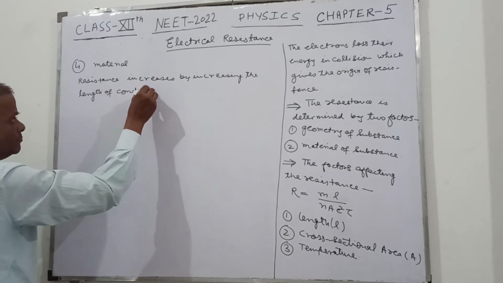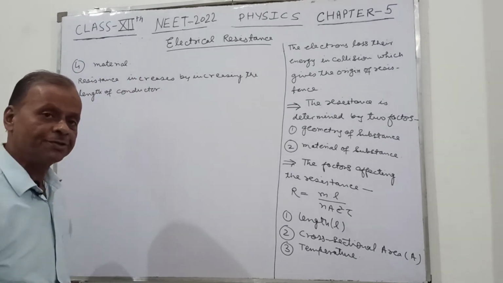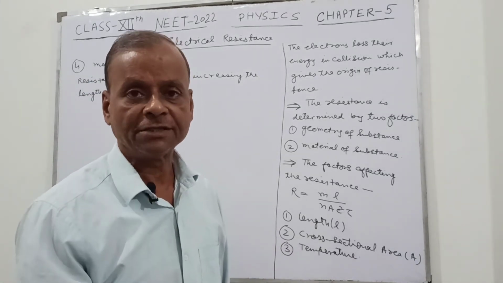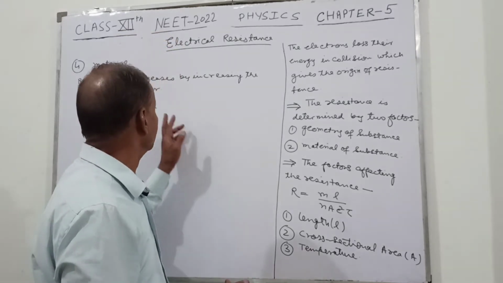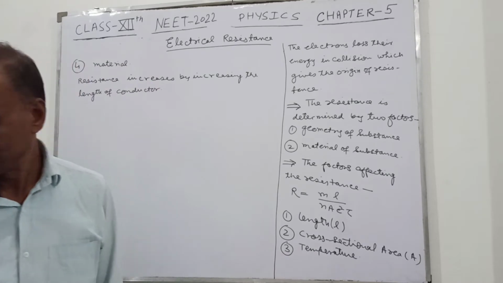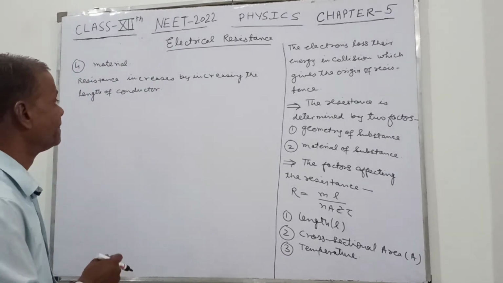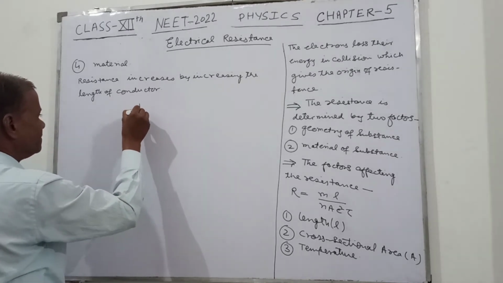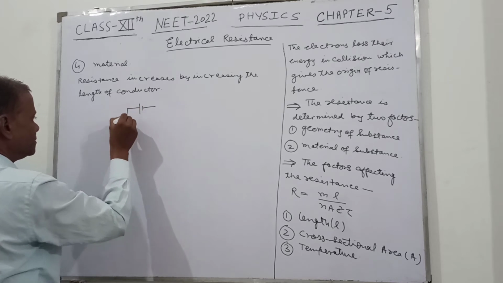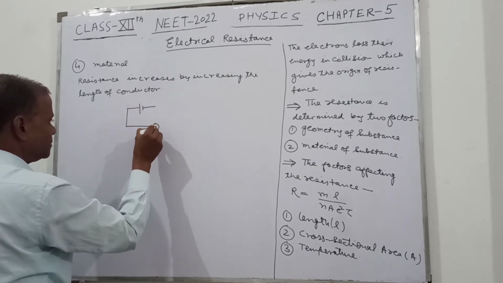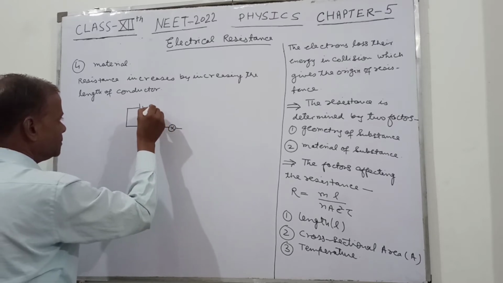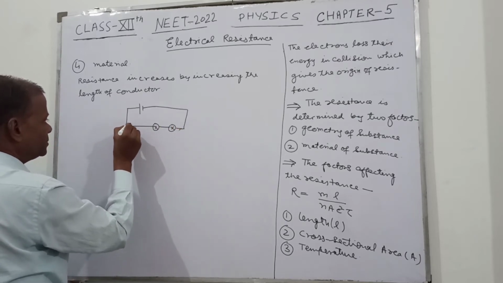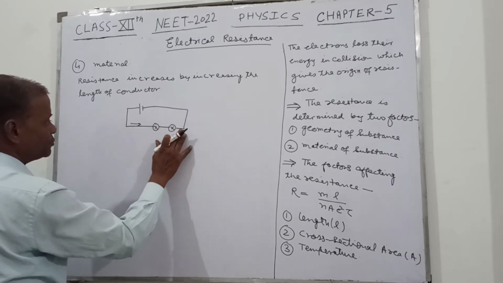It means that less is the length, less is the resistance, more is the length, more is the resistance. Suppose we have a circuit with current and resistance.